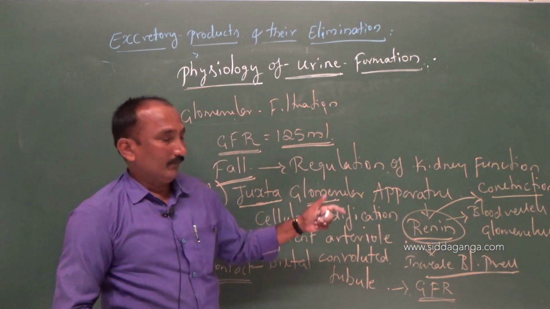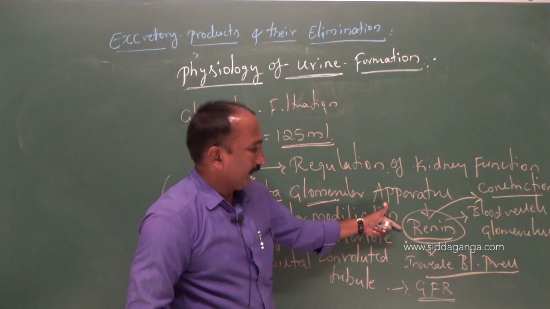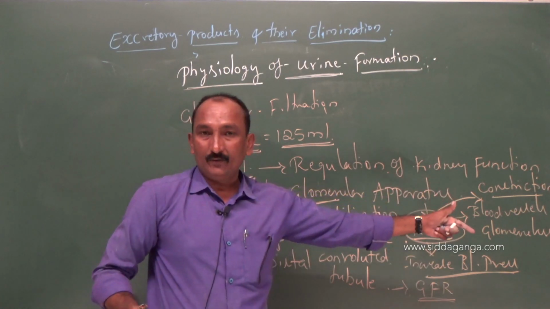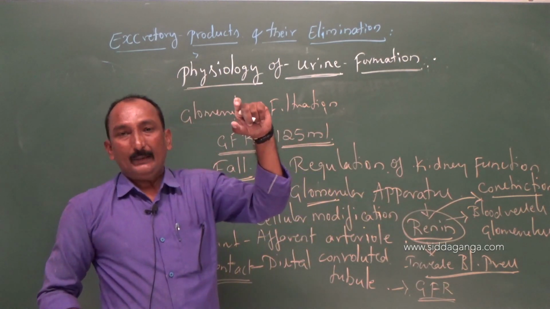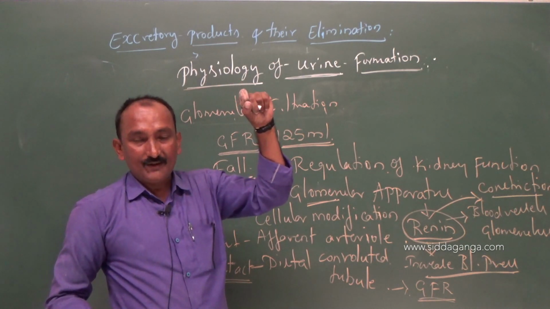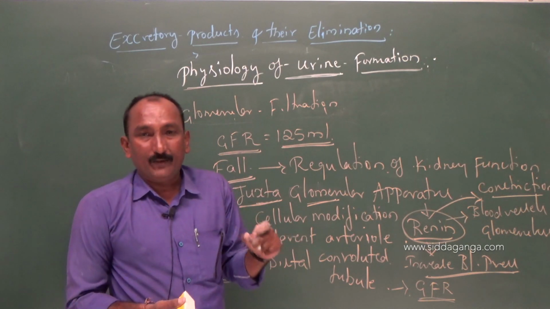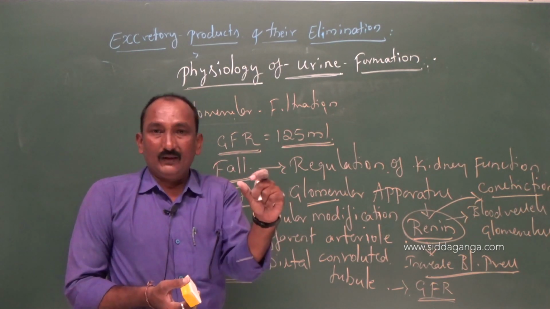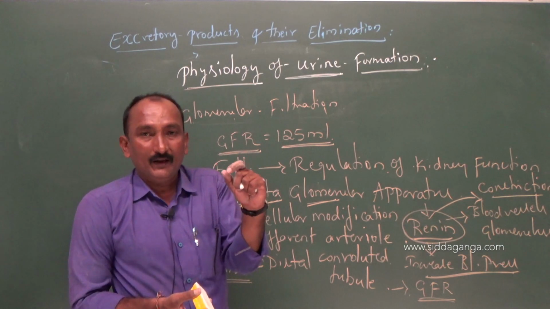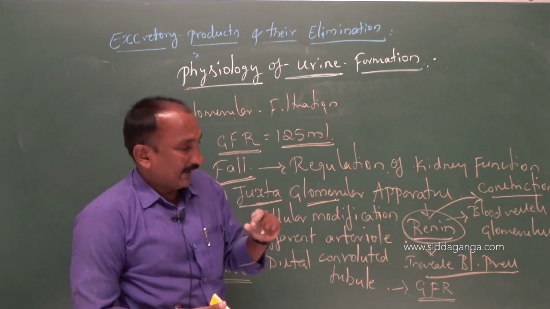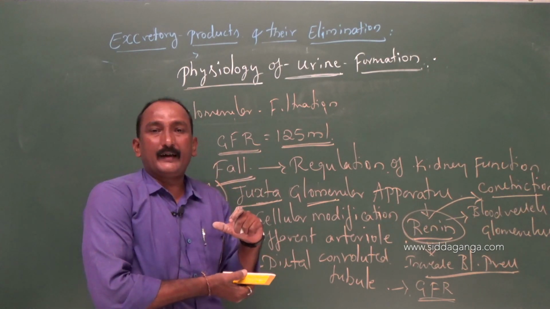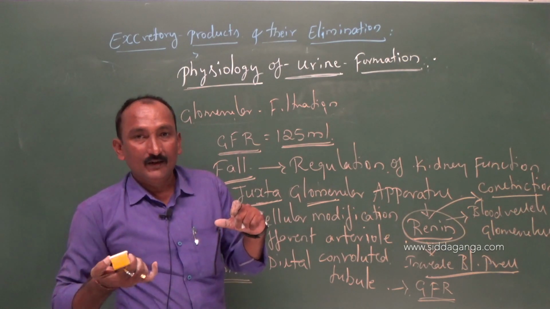As a result of the activity of renin on the blood vessels of the glomerulus, such blood vessels undergo constriction. As a result of constriction, the cavity of the blood vessel will be narrow, and the pressure of the blood flow will be increased.